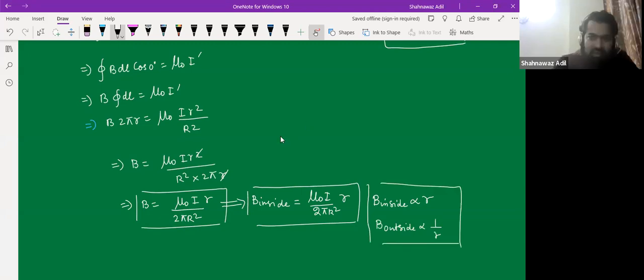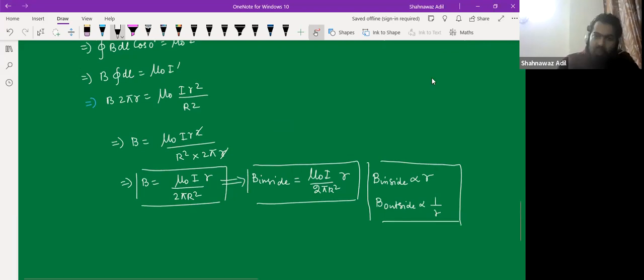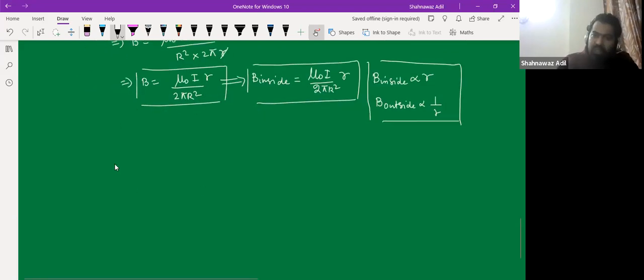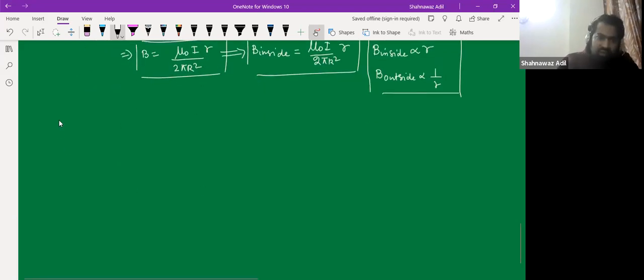So if we plot the magnetic field over this r distance, what would be the graph? And this graph is very important. Let's say this is the radius of the cylinder.